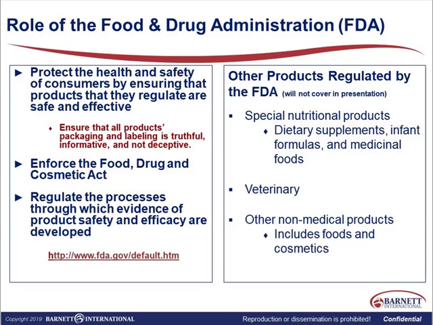We're going to look at some of the story collection that the FDA will have regarding how products are developed. We won't talk about other products that are regulated by the FDA in today's session, but that can be nutritional products such as dietary supplements, infant formulas, and medical foods, veterinary drugs, and other non-medical products that are included in food or cosmetics.